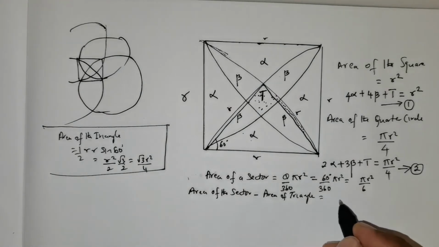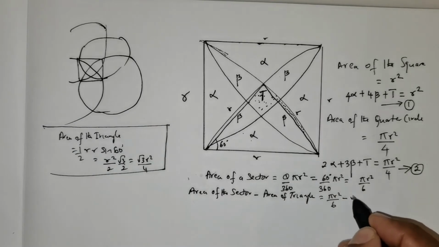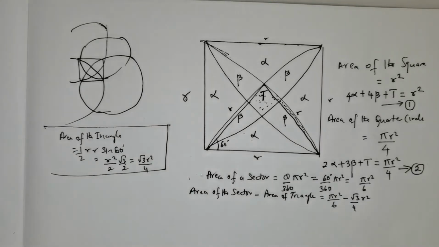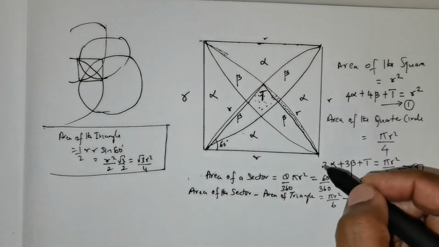So area of the sector, it's pi r squared over 6 minus area of the triangle, which is root 3 over 4 times r squared. So clearly you see that we have got the area of the shaded region.